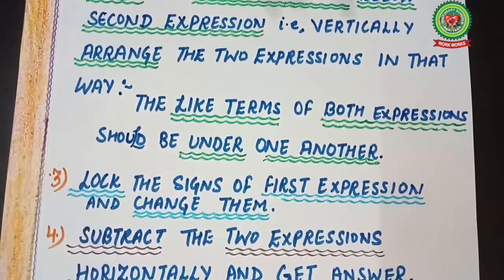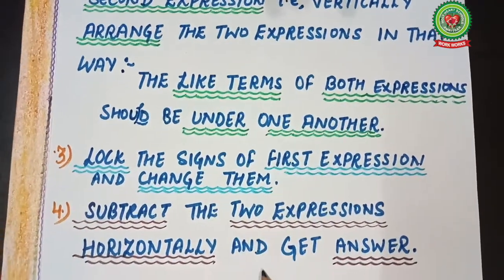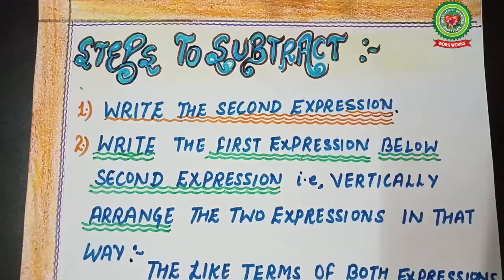Number 3, lock the signs of the first expression and change them, right? And number 4, subtract the two expressions horizontally and get the answer, right? Now students, we will take a couple of examples to understand how to apply these steps on the given statement for subtracting them, right?